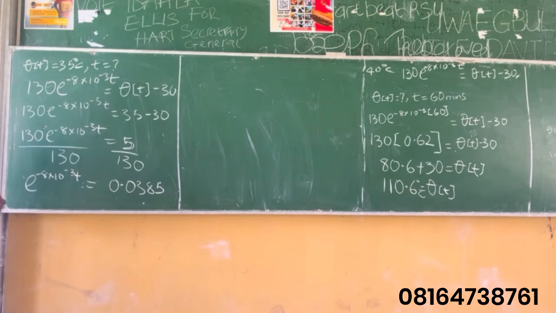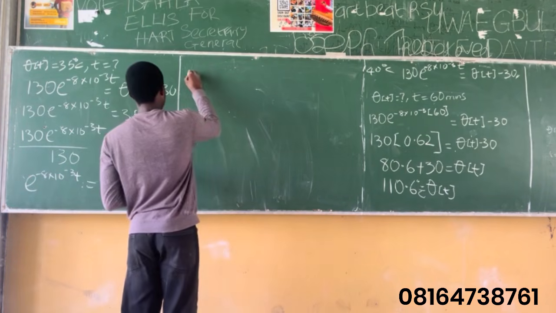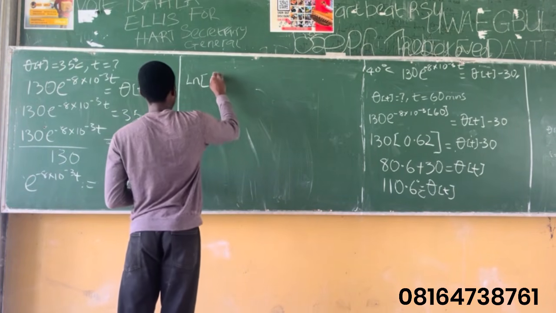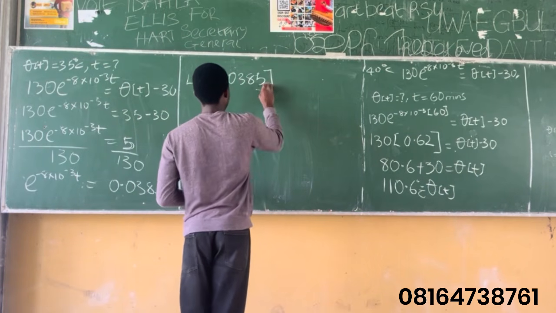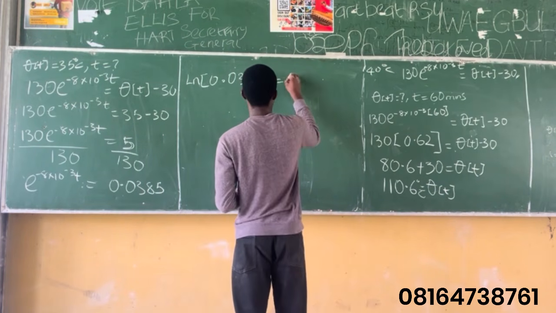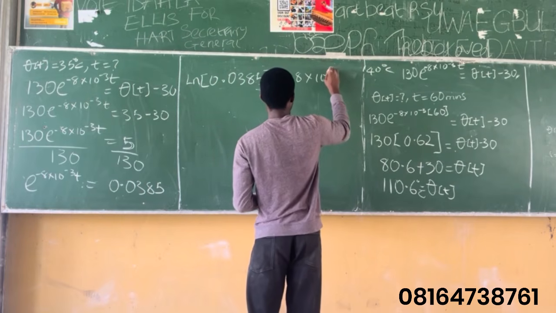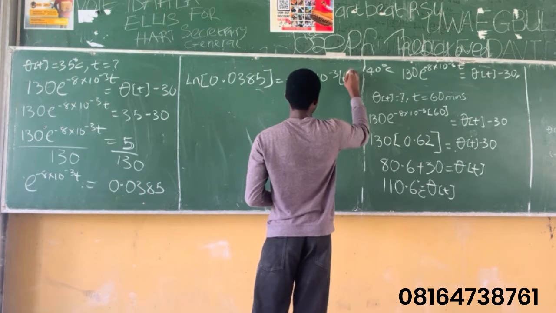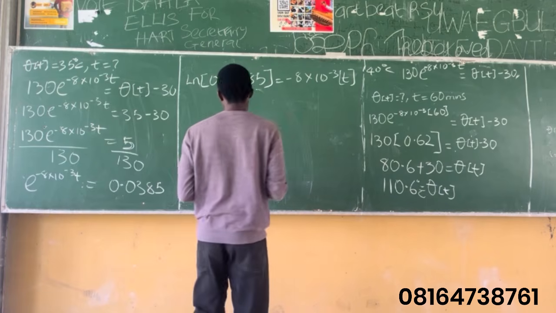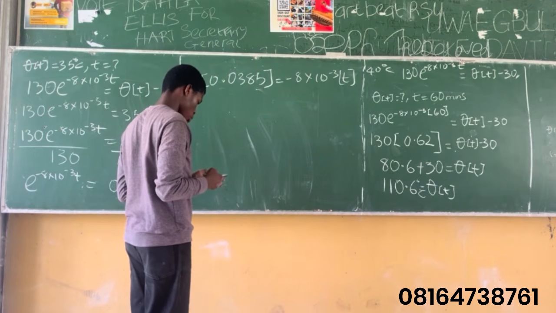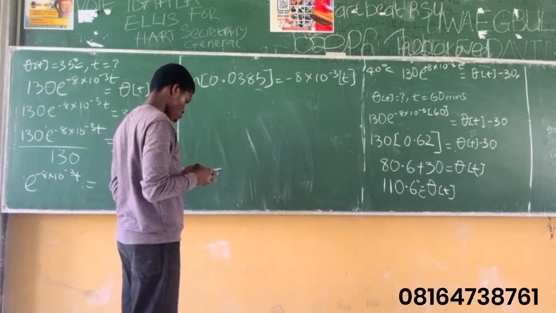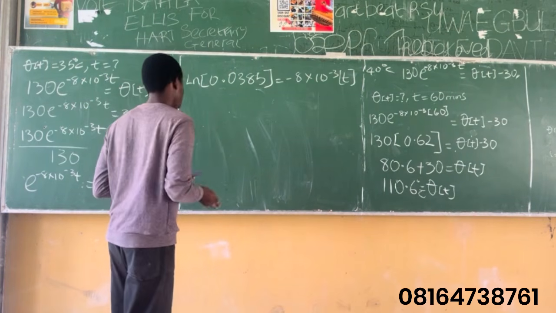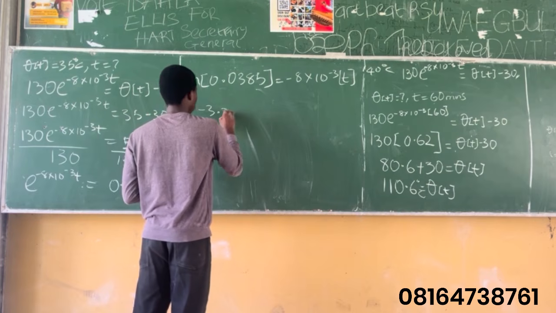We are going to be taking the ln function of this to eliminate the exponent. So ln 0.0385 is equal to minus 8 times 10 raised to power minus 3 t. Taking the ln of 0.0385 gives us minus 3.25.